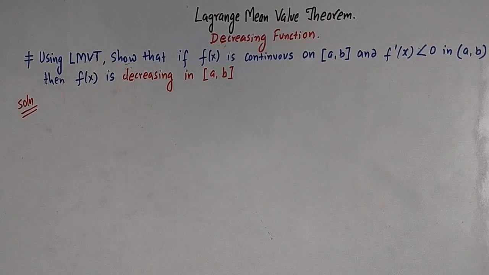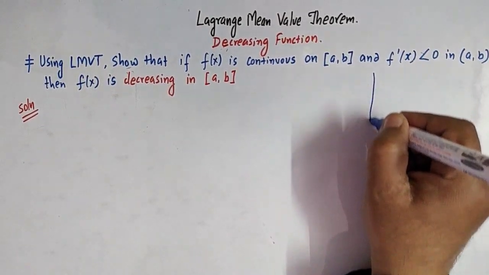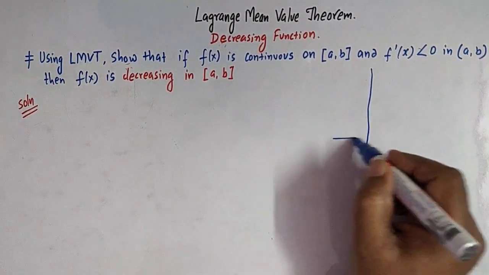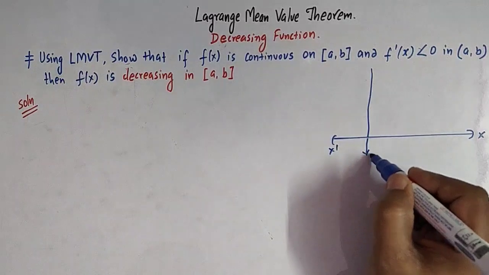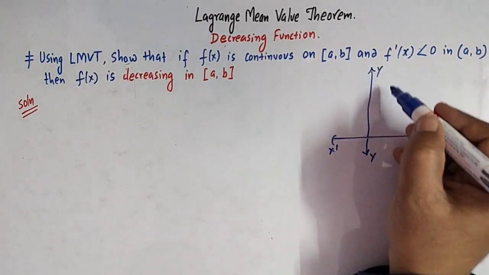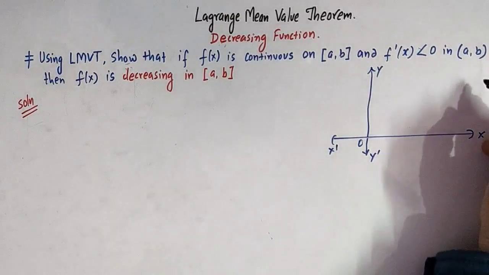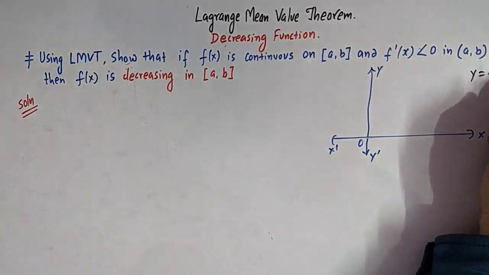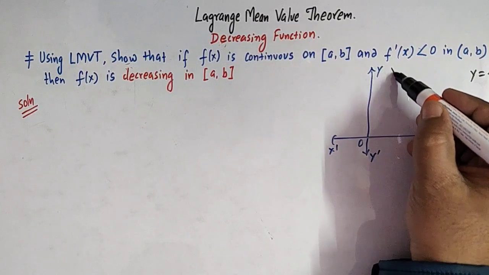So let us start. Here we can take the axes: this is the x-axis, this is the y-axis, and this is the origin. Now let us take the function y equals f of x, like this.